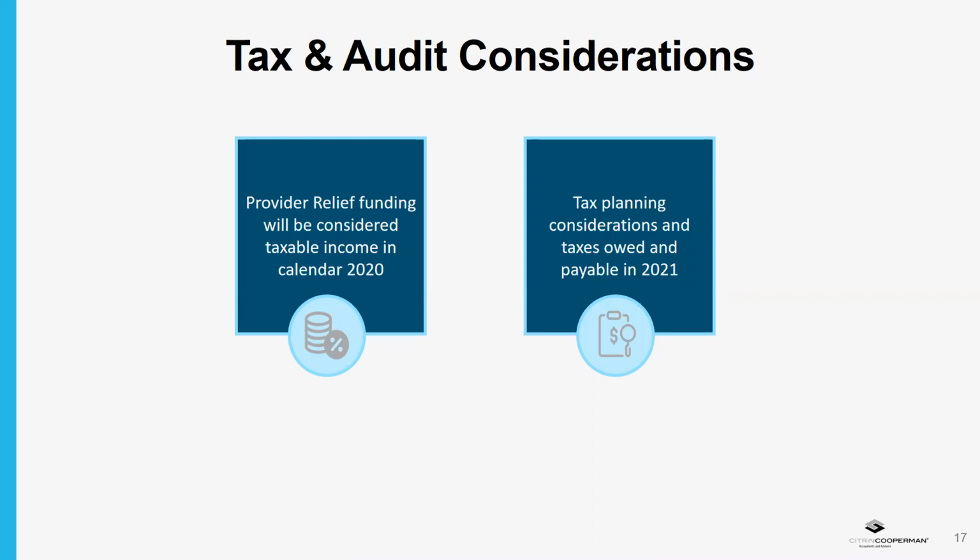But I guess what you've been hearing, or maybe you haven't heard, is that these provider relief funds will be considered taxable income in 2020 up until the point that the funds can be matched against expenses and or lost revenue.